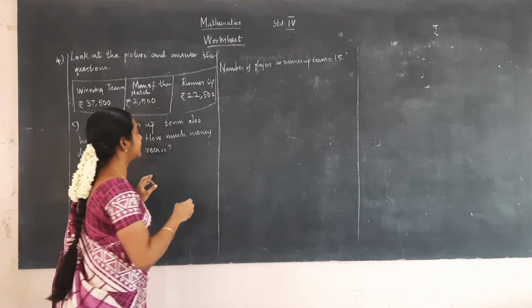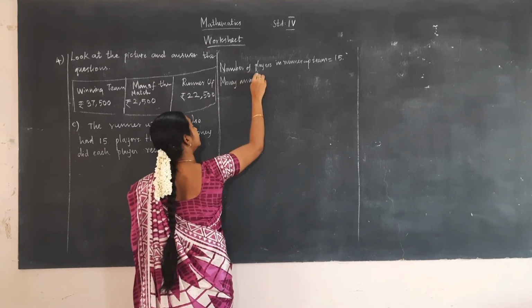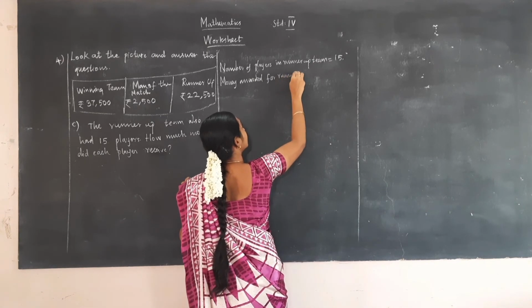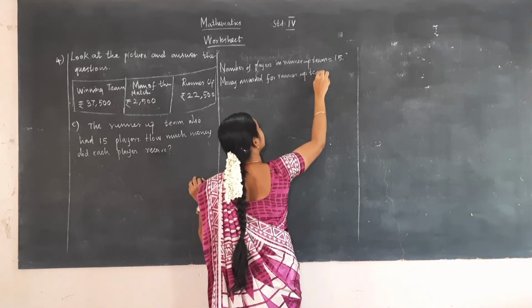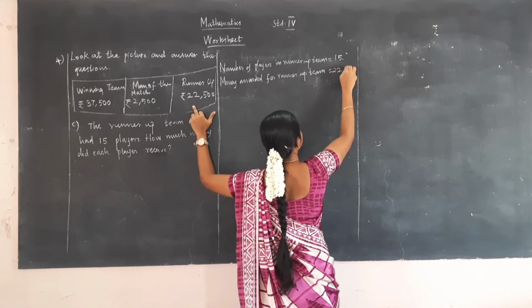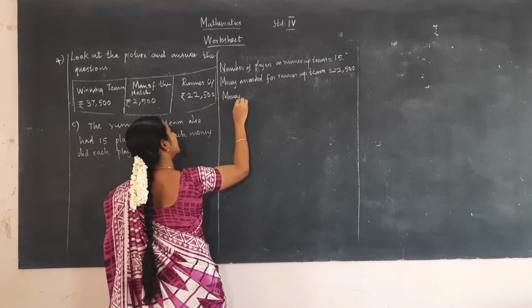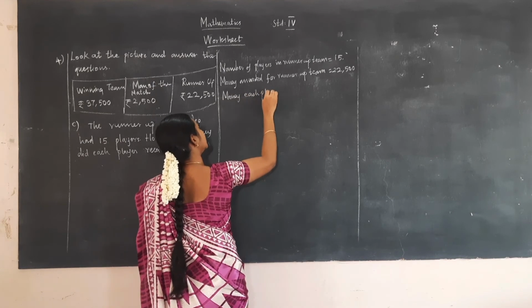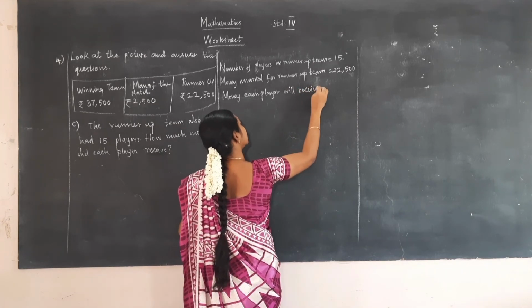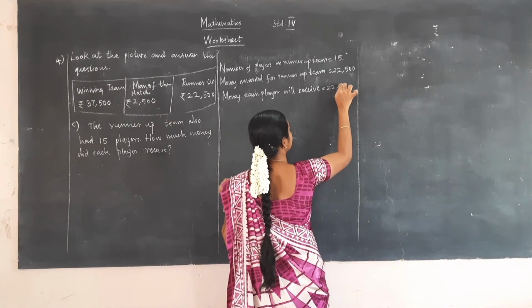Money awarded for the runner-up team is 22,500. Money each player will receive equals, we have to divide 22,500 by 15.